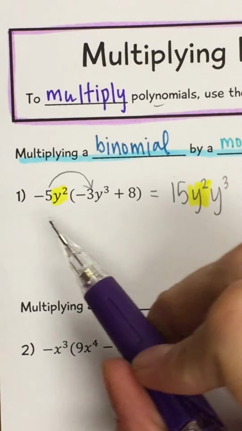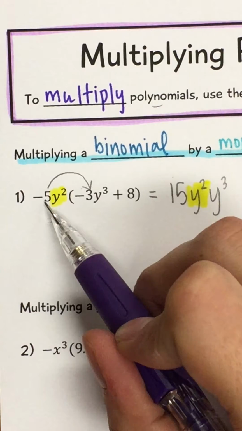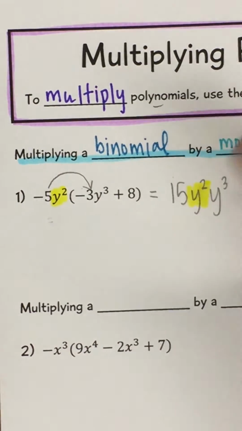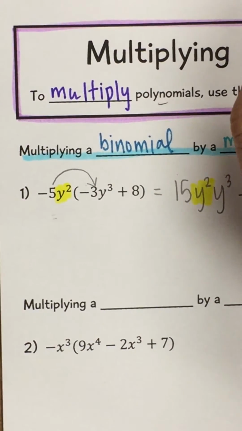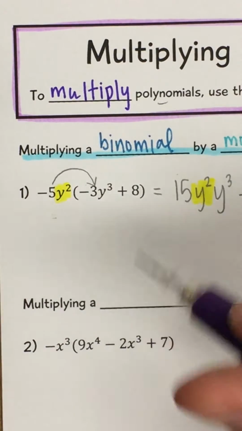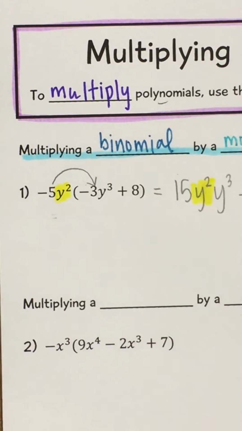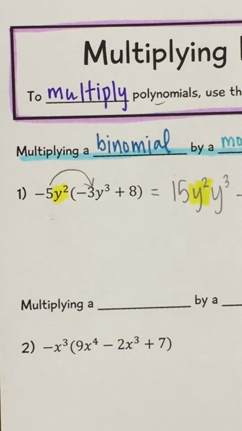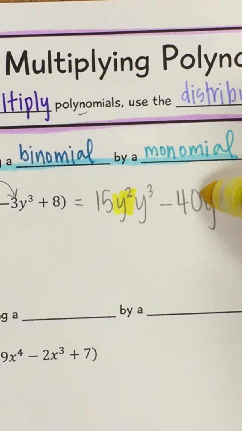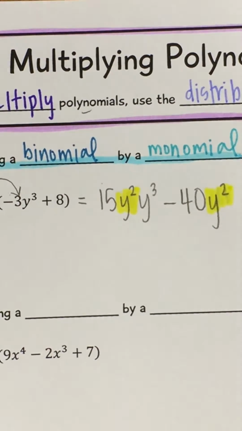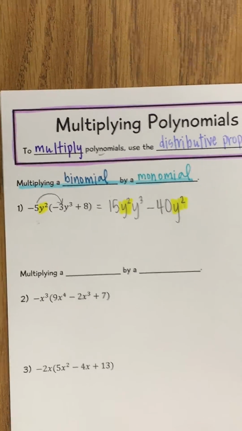Then next up, I have a negative 5 times a positive 8, so that's going to go to negative 40. And then this one doesn't have a variable, so we're just going to do y squared here. And once again, I'm going to highlight that that is the variable set that I multiplied in.